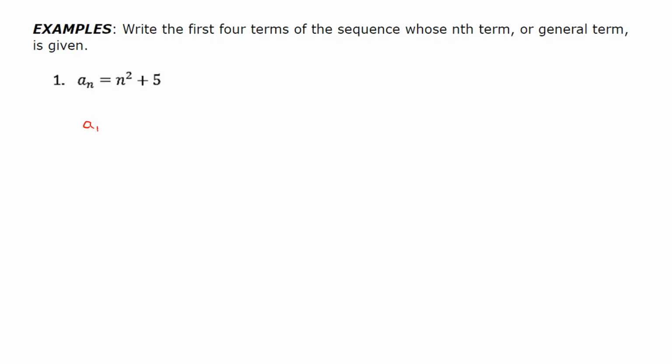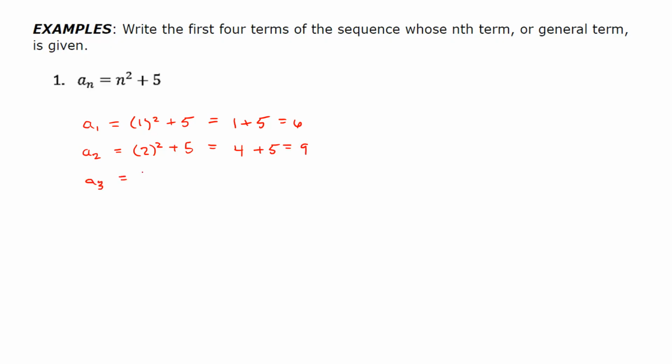So the first term would be when n equals 1. So we're going to substitute in 1 for n. So we'll have 1 squared plus 5. That's 1 plus 5, which equals 6. And we'll take 2, substitute that in. That's 4 plus 5 equals 9.